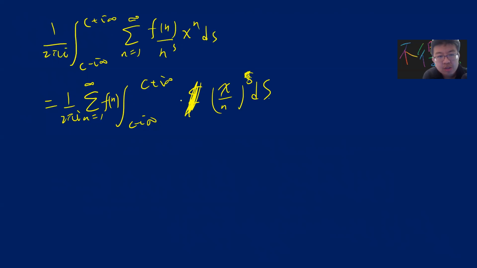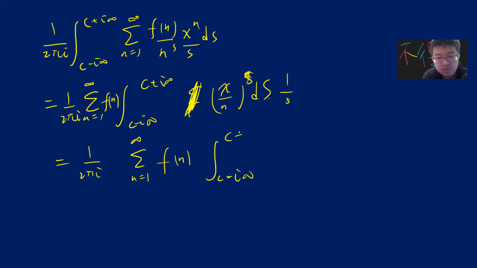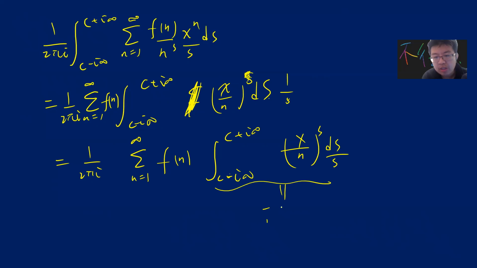Okay, you got something like this, and sorry, I forgot about this s. Okay, so let me just write down. So you get 1 over 2 pi i, sum from 1 to infinity of f of n, the integral from c minus infinity to c plus infinity of (x divided by n) to the s, ds over s, right? So this is just our I of x divided by n, and you can choose T to be infinity.